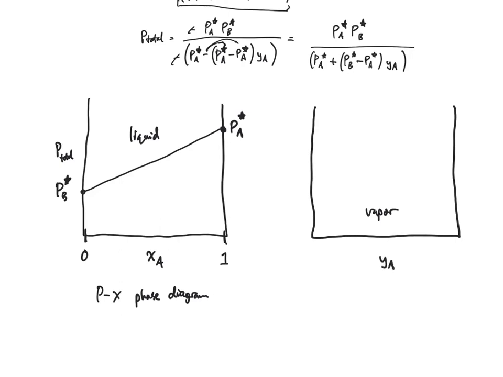And this time we've got XA going from 0 to 1 here, and we've still got P total on this axis. And we've still got our PB star, and we've got our PA star, only this time it's connected by a curved line instead of a straight line. And that obeys this equation that you see just right up there that relates to XA. And we could call this a PY phase diagram.